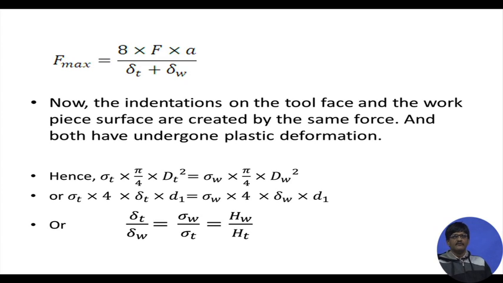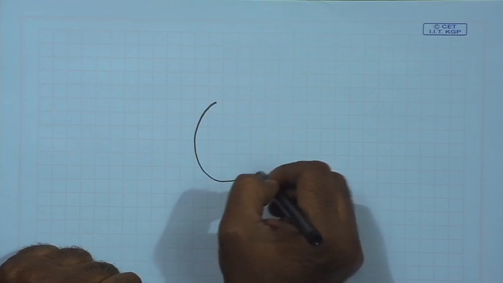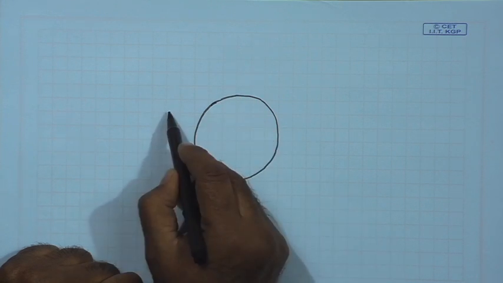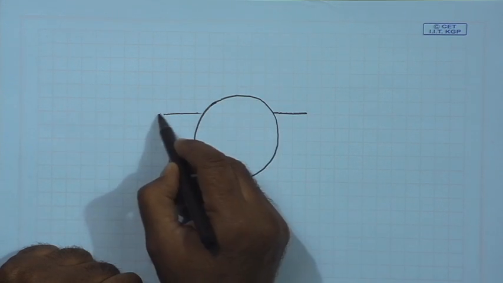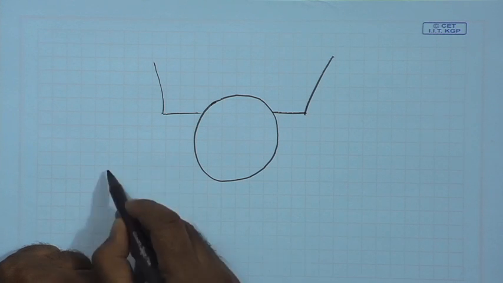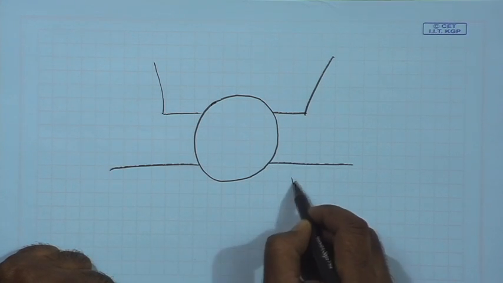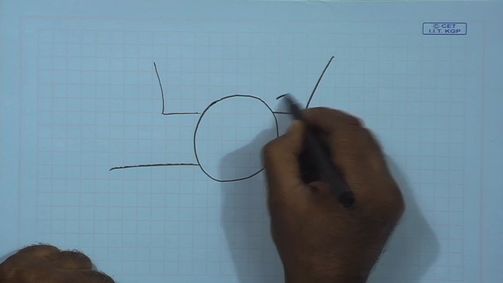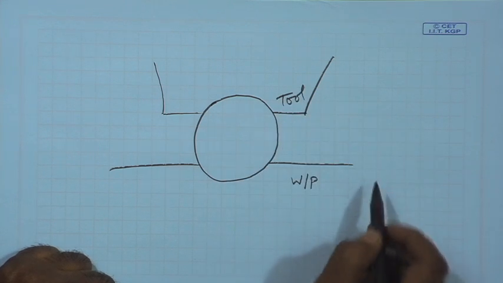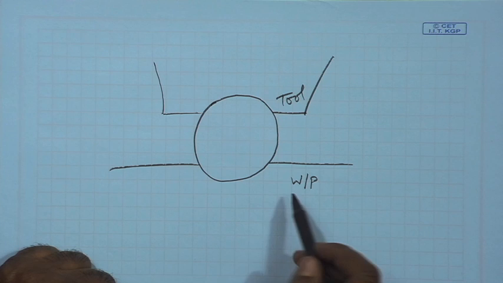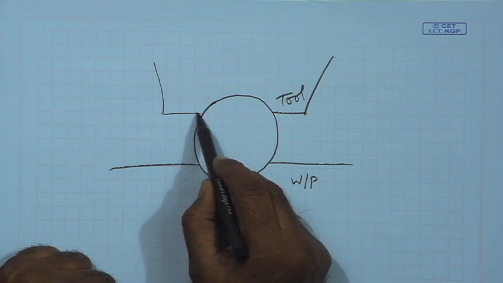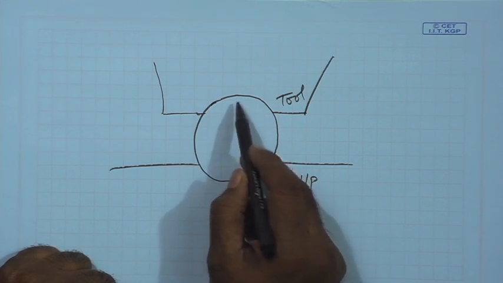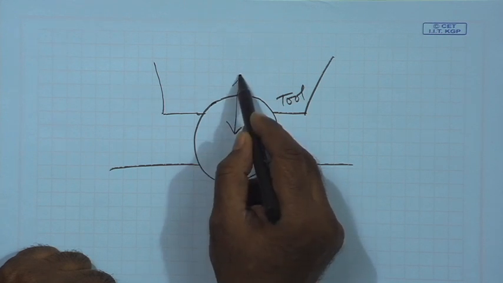I think you will agree with me that if this be the tool and this be the workpiece, at the same point in time the same force must be occurring between these two.